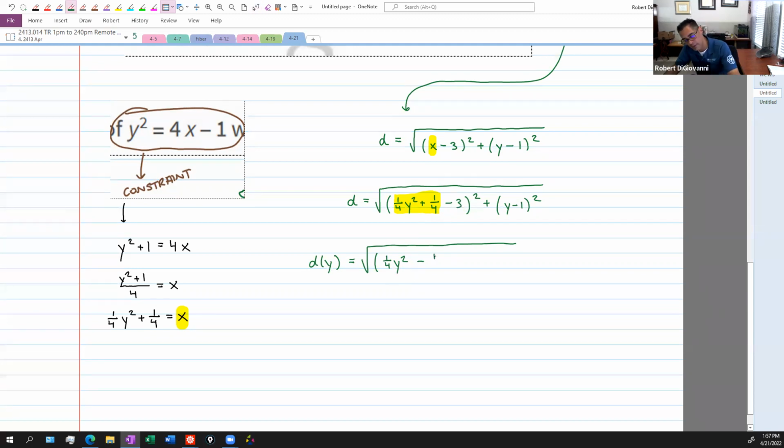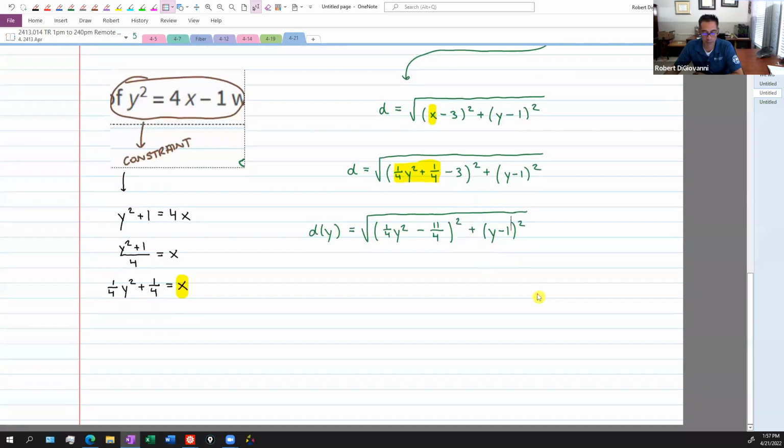That would become 11/4, squared, plus y minus 1 squared. I just did 1/4 minus 12/4, which gave me negative 11/4. There it is. There is my objective function.